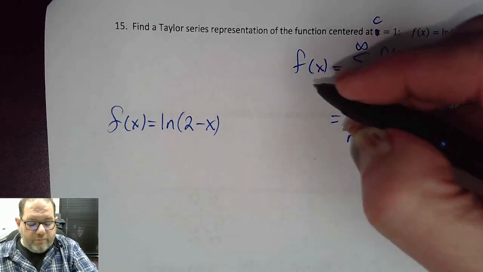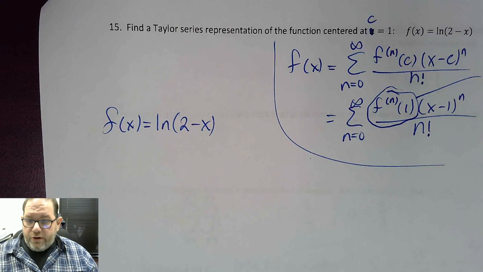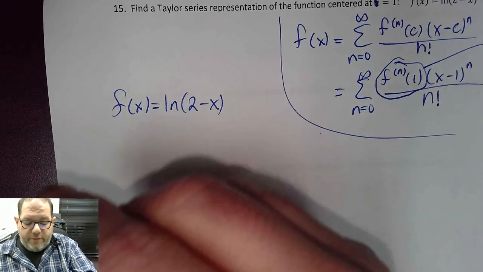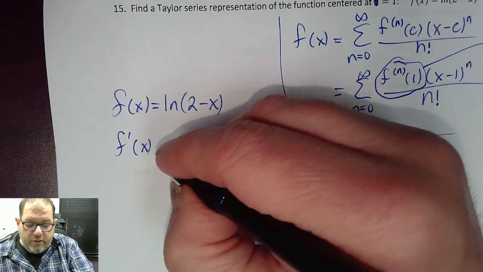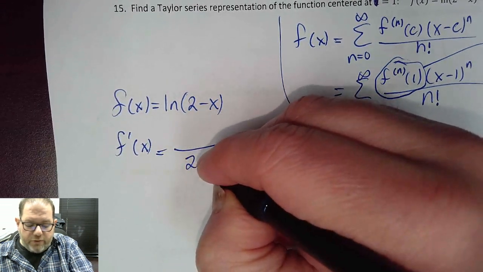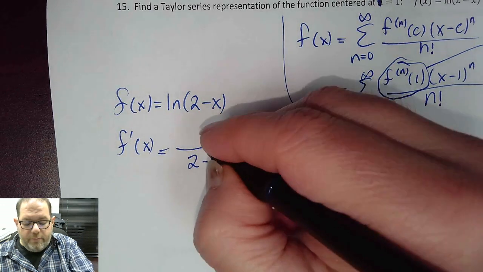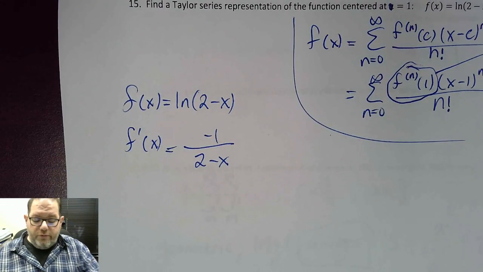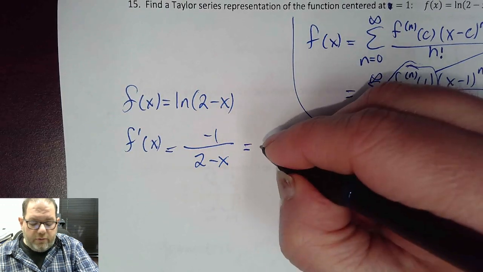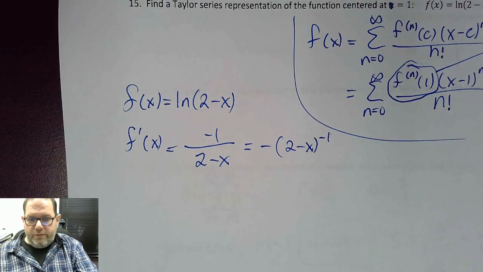This is a little confusing, but when we differentiate this, remember that for the first derivative, whatever is inside the logarithm goes on the denominator, and then the derivative of this term goes on the numerator. So it's actually negative 1 over 2 minus x, or negative (2 minus x) to the negative 1.